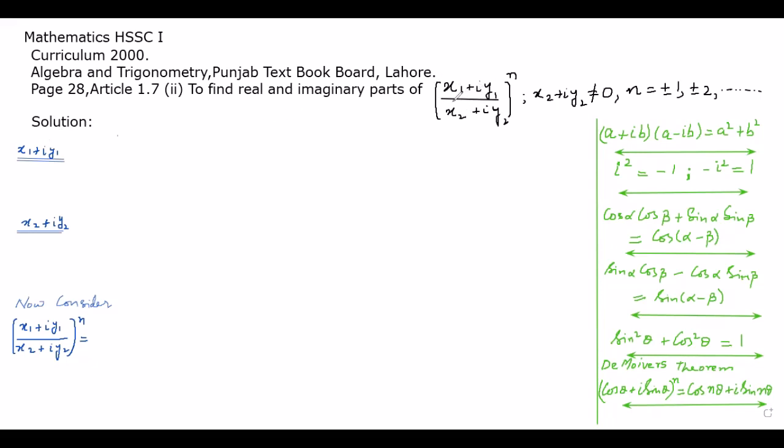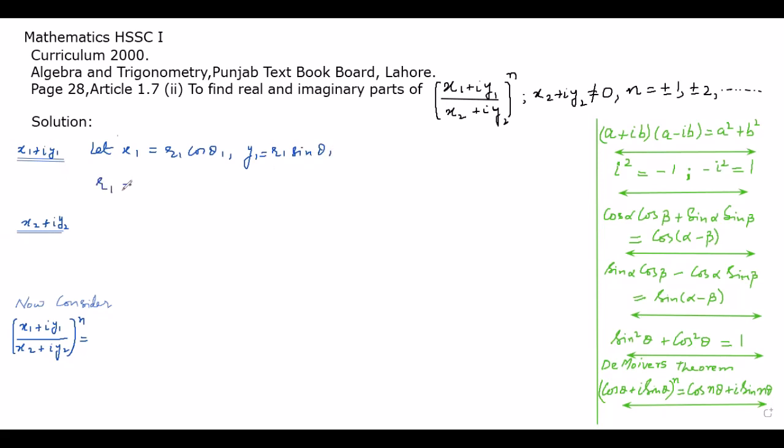We start the solution by converting x1 + iy1 and x2 + iy2 into their polar forms. First, let x1 = r1 cos θ1, y1 = r1 sin θ1.